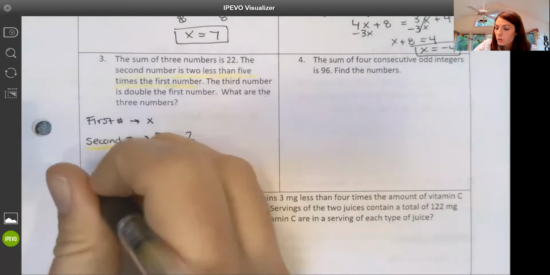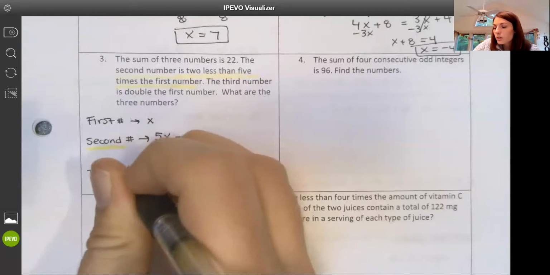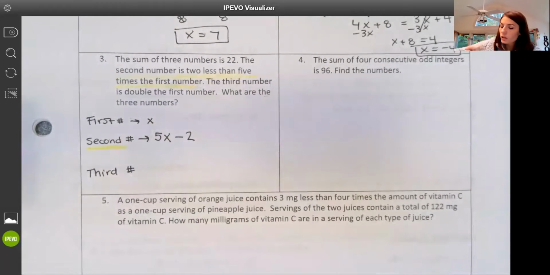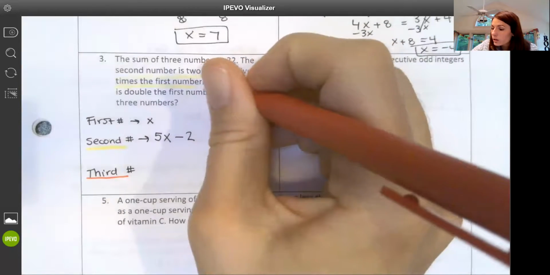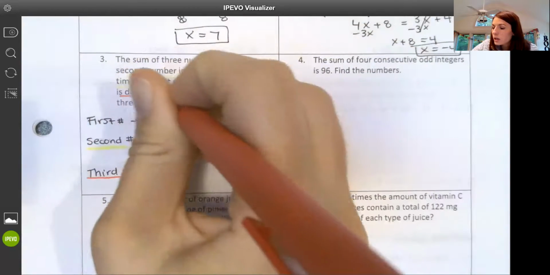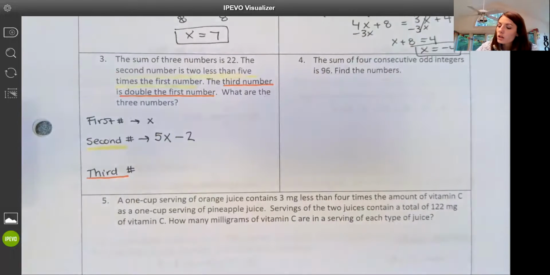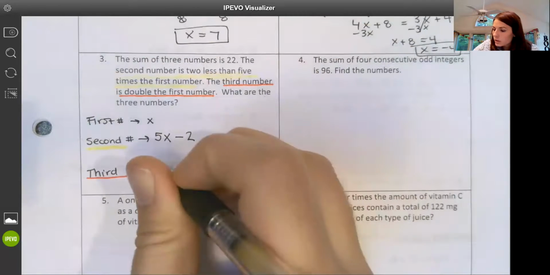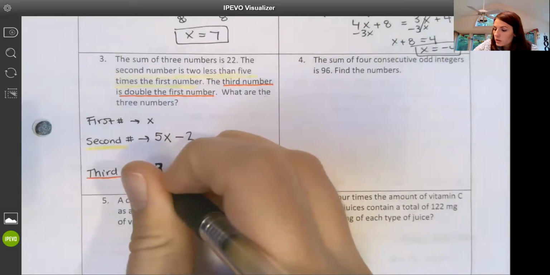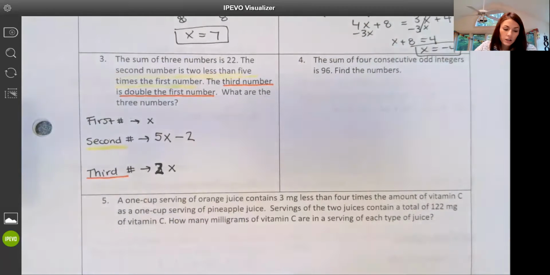Okay, there's my second number. The third number, now color code here. The third number is double the first number. So the third number, double, not triple, is double the first number. Okay, 2 times the first number.